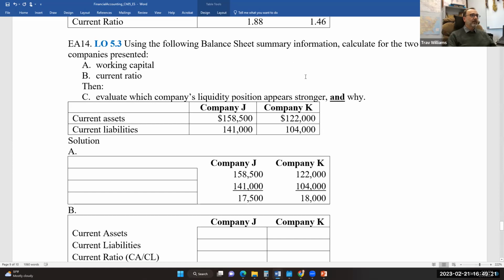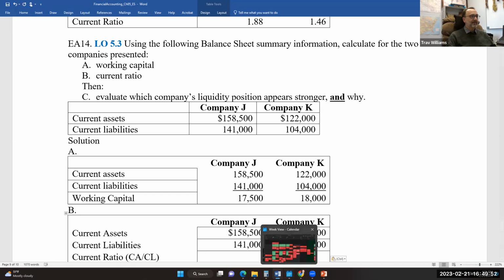Okay, so on this one, instead of comparing 2 different years, we're looking at 2 different companies. So again, we've got current assets and current liabilities here. The difference is the working capital, right? And in part B, we've got our current assets and current liabilities.